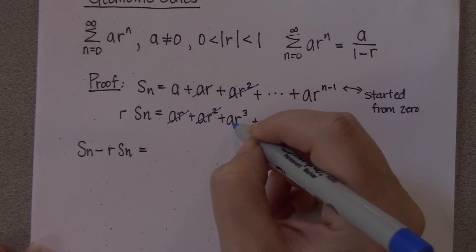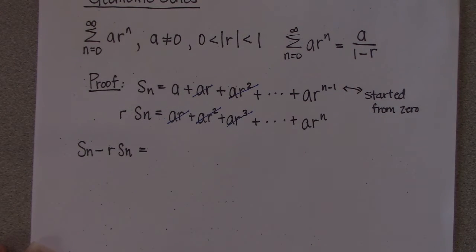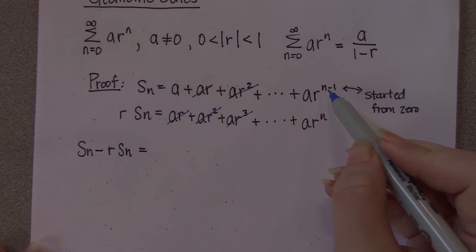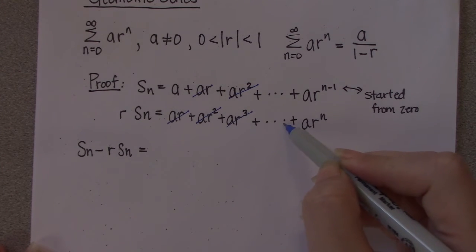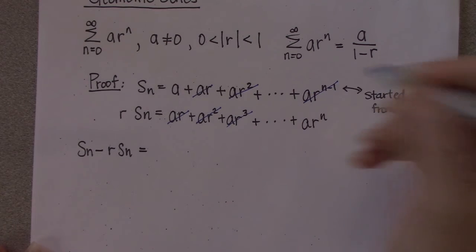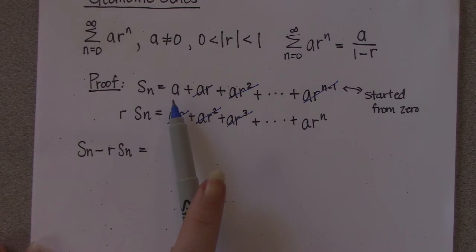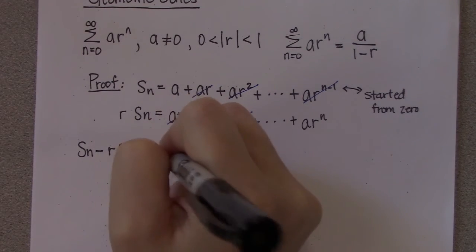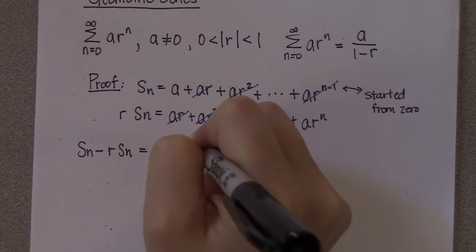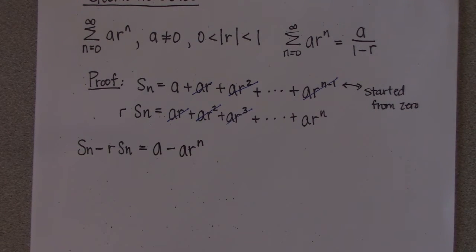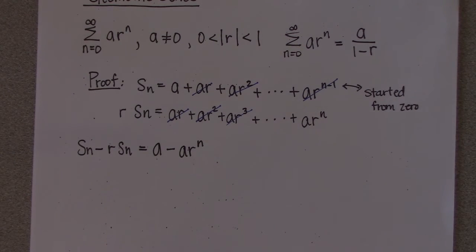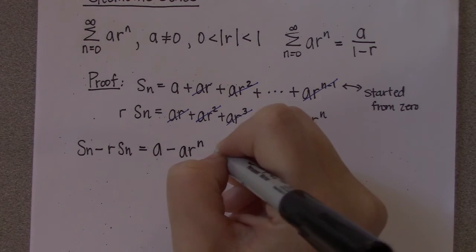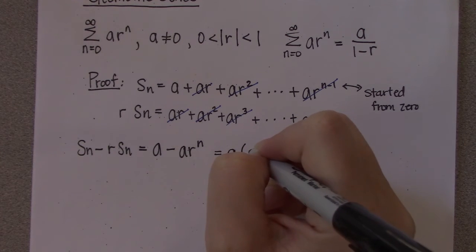And then the ar cubed would get canceled, right, because of the next term. And then this ar to the n minus 1 would get canceled by this guy right here. So all you're left with is a minus a times r to the n. So just like with the telescoping series, because we had so many terms repeated, all the middle stuff was getting wiped out. So then I can factor out the a.